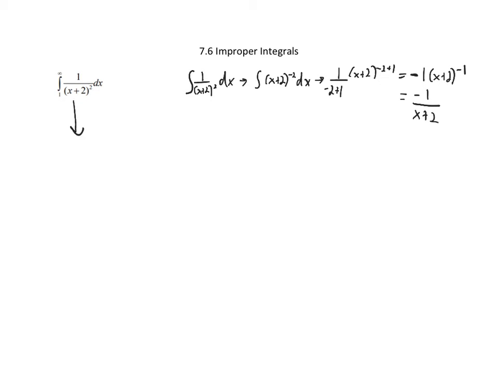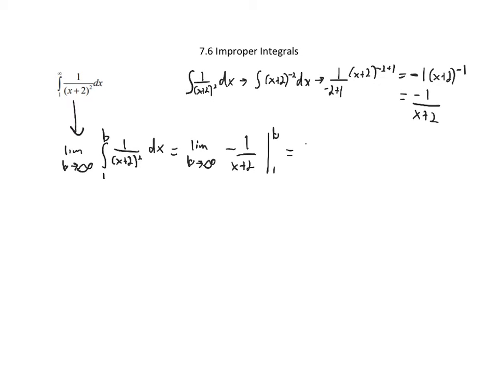We're going to use that when we do this computation. We're going to swap that infinity out and do a limit: the limit as b approaches infinity, from 1 to b, of 1 over (x plus 2) squared dx. We've already computed that general antiderivative, so this is the limit as b approaches infinity of negative 1 over x plus 2, plugging in 1 to b.